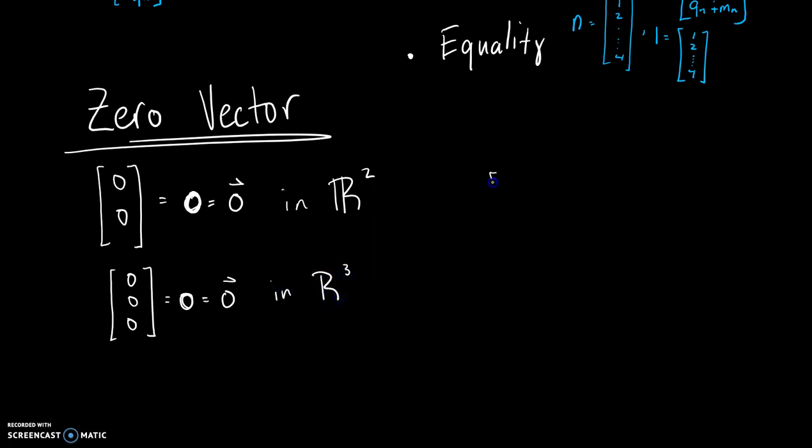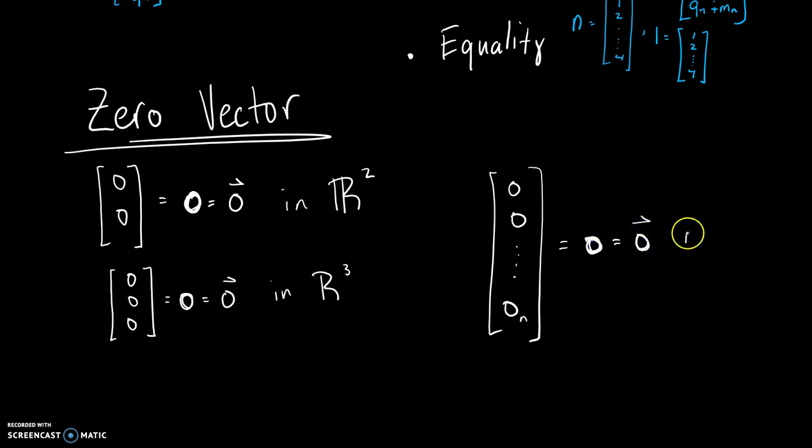And then finally we have one with n entries. I'll just denote this as the nth entry. This is also the zero vector. So as you might have been able to pick up, the zero vector is present in all of these dimensional spaces in Rn. Again, it's a special vector that you'll see more and more as we move along, and it plays an important role in what we can do in linear algebra.